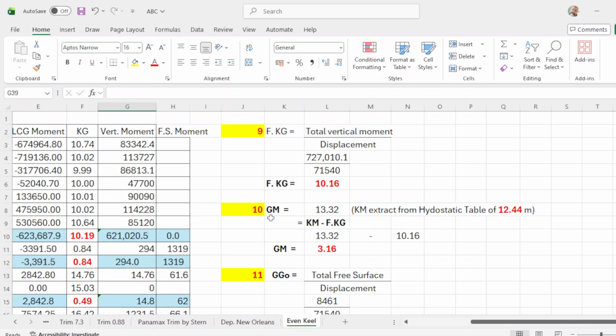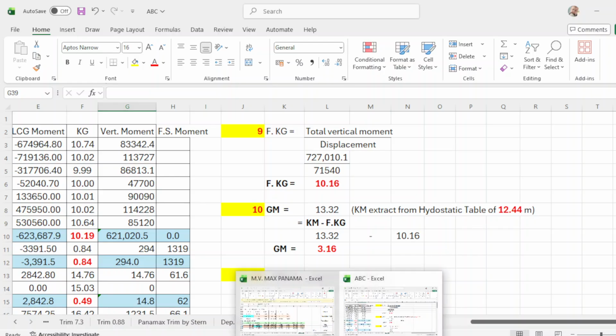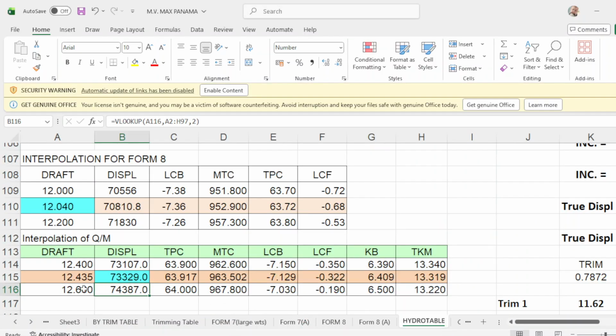And to get the GM, you must first get the KM from your drop of 12.44. So we go to 12.44.